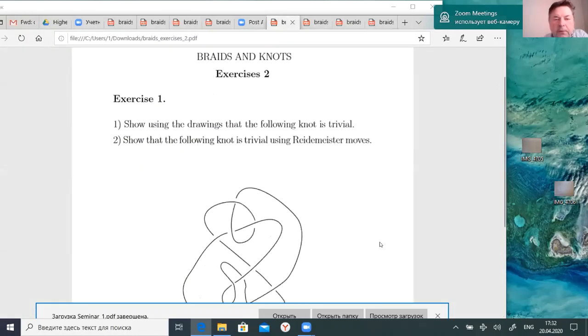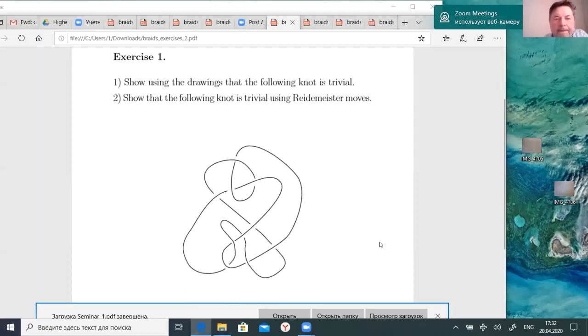I took a look, but I didn't have time to solve them. Right, okay, so next time. I started to think about one, but with the Reidemeister moves, it's a bit more tricky, no? From what I understand. Yes, that's why I made this.